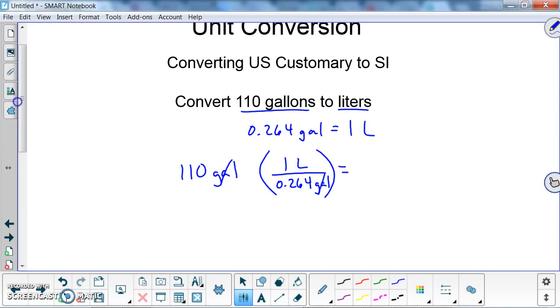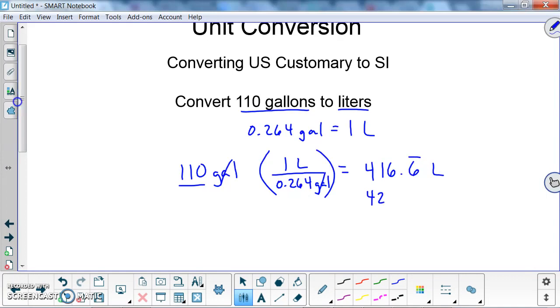I will multiply 110 times 1, which is 110, and then I will divide that by 0.264. I will get 416 and what appears to be a repeating decimal. What I will do then is I will look and see how many significant digits I have here, and we'll talk about this in a little bit, but really, 110 gallons only has 2 significant digits.